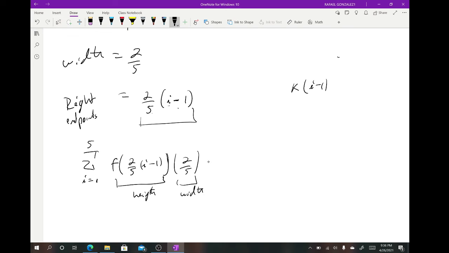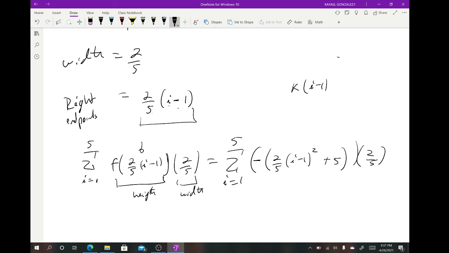Anyway, when we do this, you get the sum from i equals 1 to 5, and if you plug this into f, what you get is negative 2 over 5 times i minus 1 squared, plus 5, times 2 over 5, which is the width.